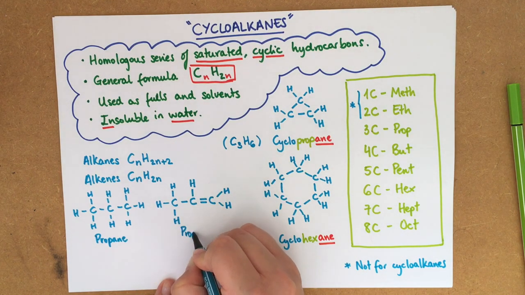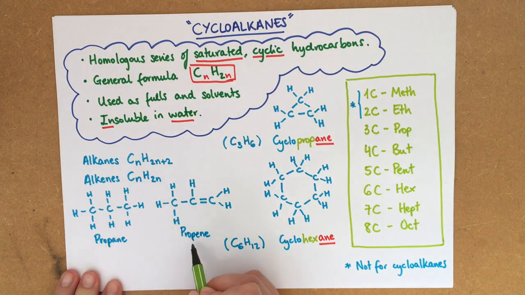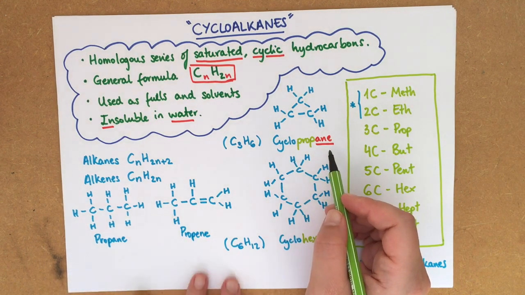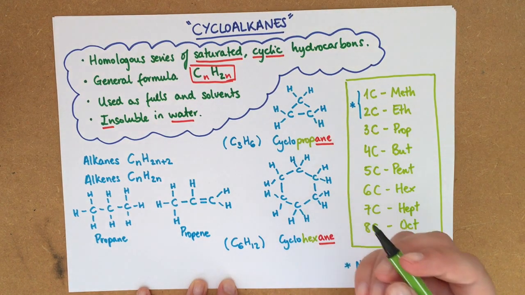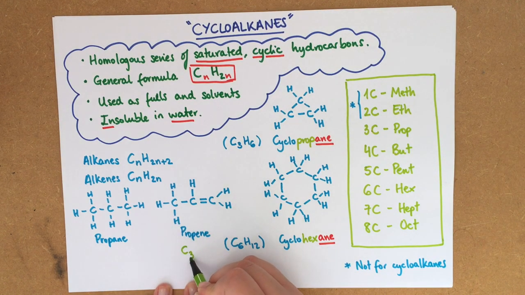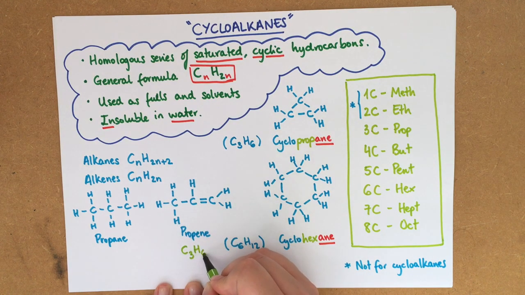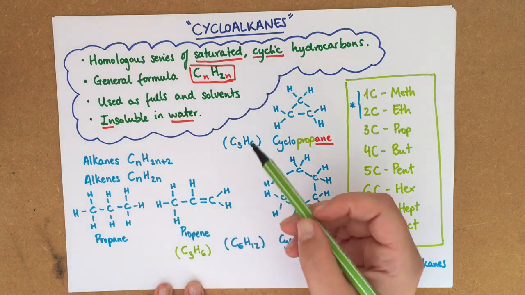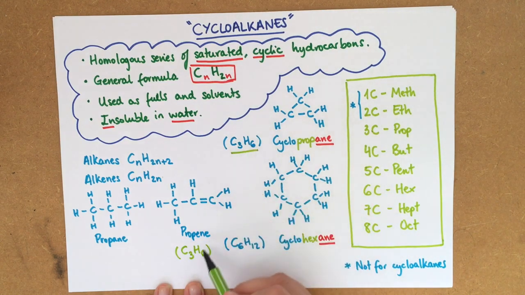And this is propene. So if we look at the 3 molecules, propane, propene, and cyclopropane, let's analyze their general formulas. 1, 2, 3 carbons, C3, 1, 2, 3, 4, 5, 6, H6. As we see, and we already knew before, alkenes and cycloalkanes have the same general formula.